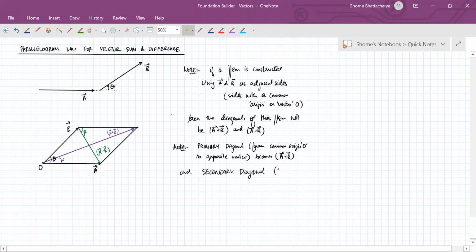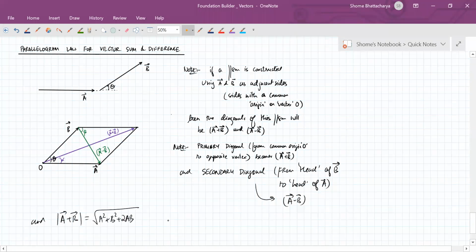In this case I've drawn it from the head of the vector B to the head of the vector A. This secondary diagonal becomes A minus B. And of course they are given by the same formulas: magnitude of A plus B is root of A square plus B square plus 2AB cos theta, and magnitude of A minus B is given by root of A square plus B square minus 2AB cos theta.